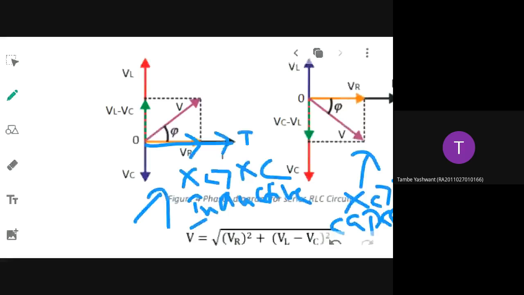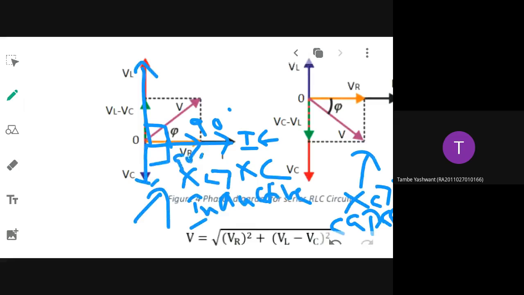Now I want to draw the phasors for VL, VC, then the total voltage I have to determine. I am saying the circuit is predominantly inductive. So this is my current. The inductive voltage will be leading the current by 90 degree. Like that you have to draw. And current is leading the capacitive voltage by 90 degree.